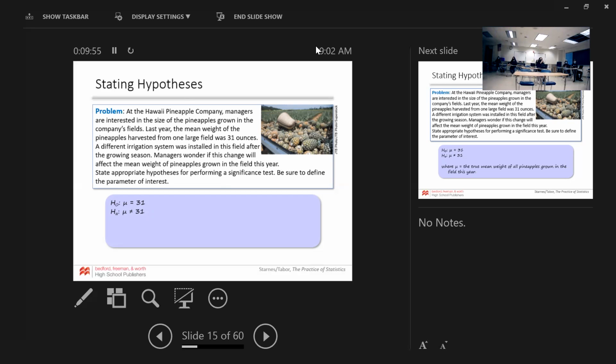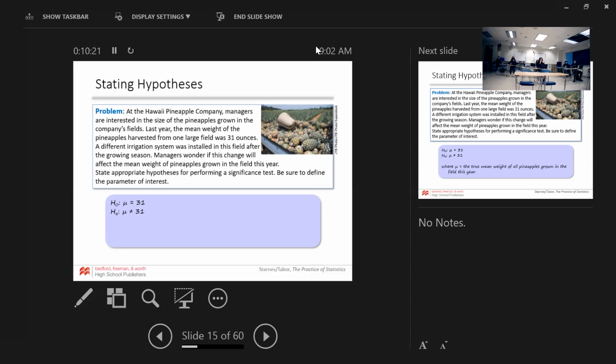Managers wonder if the change will affect the mean weight of pineapples. Affect it. Two-tailed test. See, in the question, you've got to read this in detail. Managers wonder if this change will increase the mean weight of pineapples. And this would be an inequality symbol. So you've got to look for the key word.